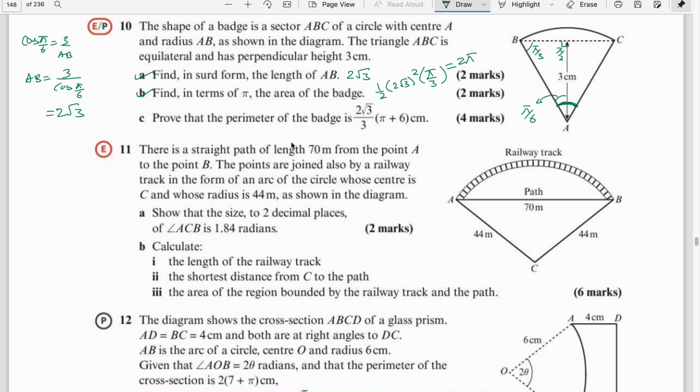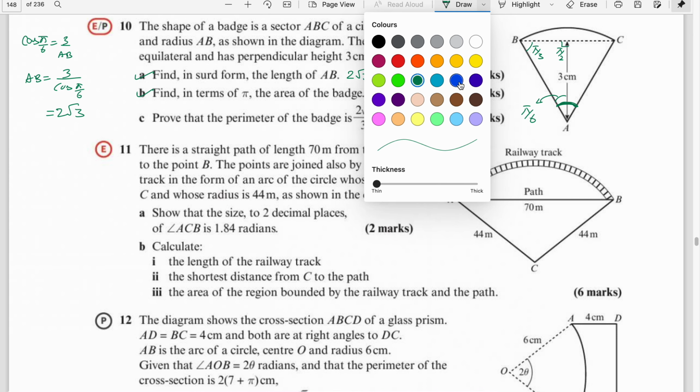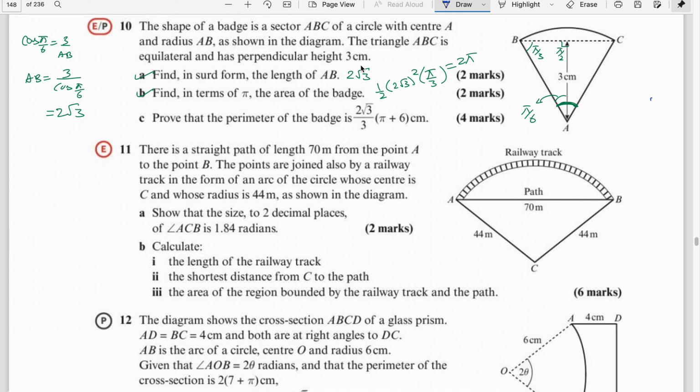C part says prove that the perimeter of the badge is this. So we just add all three sides. The radius is already there, 2 square root 3 times 2, and BC is s equals r theta. Radius is 2 square root 3 and the angle is pi by 3.